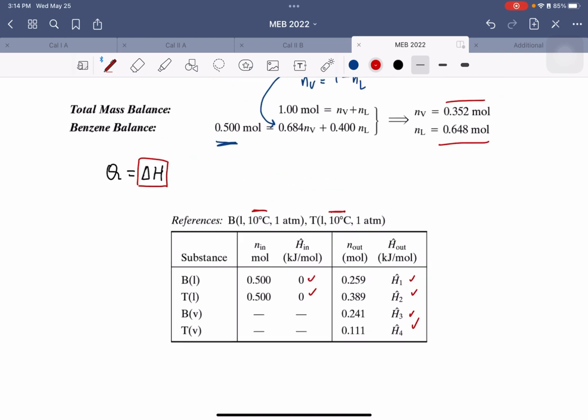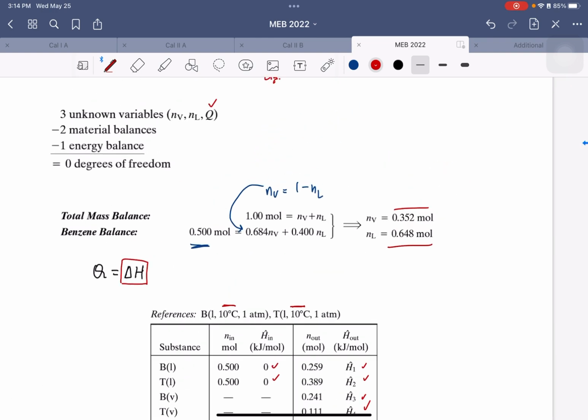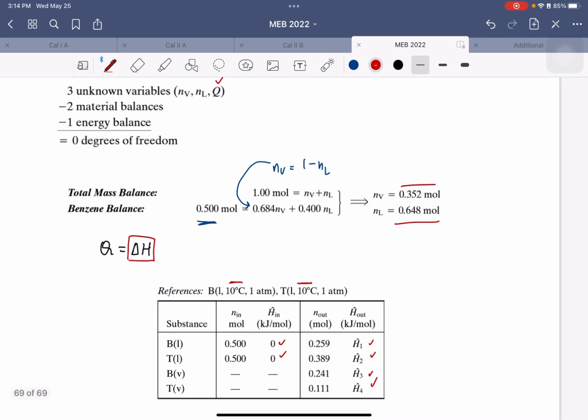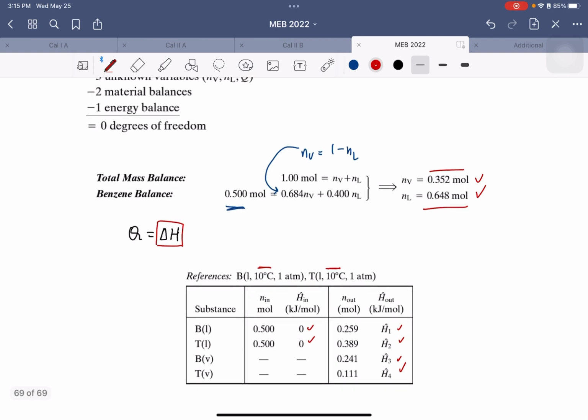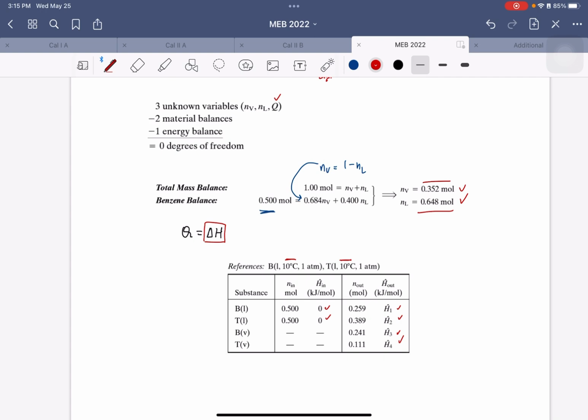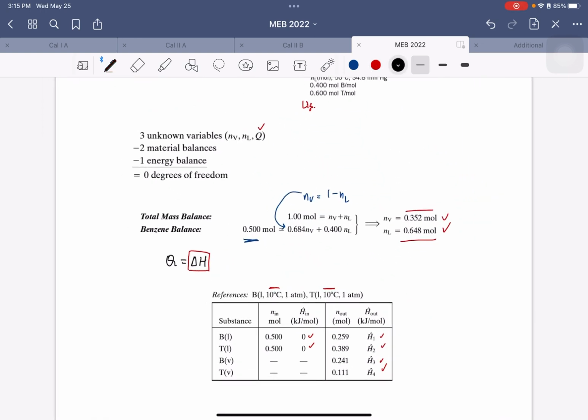Based on the moles that we have, since we already split into vapor and liquid, we can make another calculation for the enthalpy. Okay, let me move to the next page.